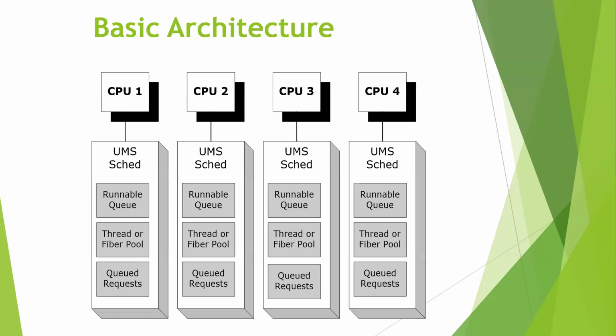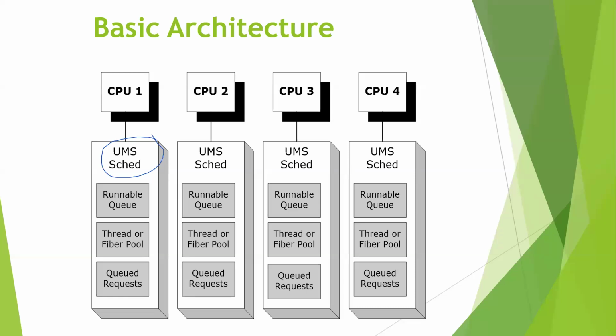So this is the basic architecture of the CPU, right? So you have a UMS, and I was talking about the 3 scenarios when the query will go out of the CPU. One is waiting. Second is the task is completed.